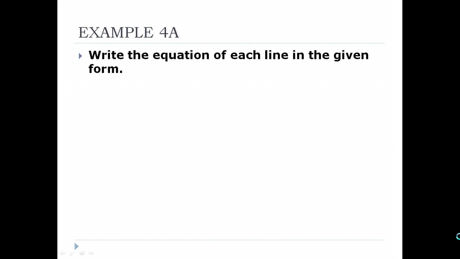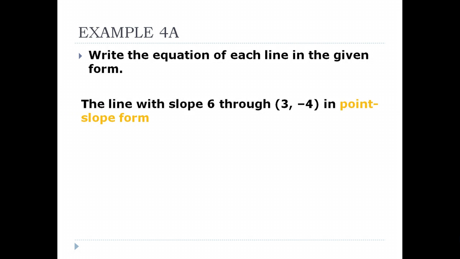Let's write the equation of each line in the given form. We want the line with the slope 6 that runs through 3, -4 in point slope form. Remember, point slope form is y minus y1 equals m times x minus x1. So we plug in our values that we know.